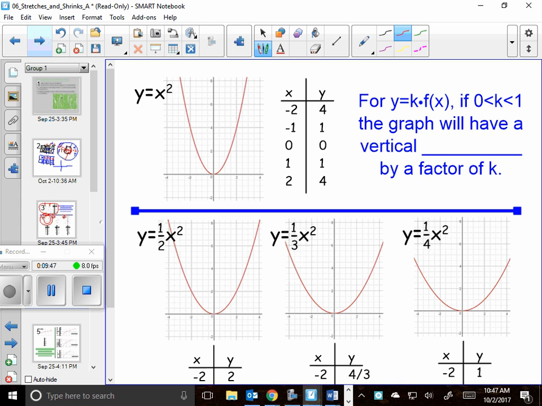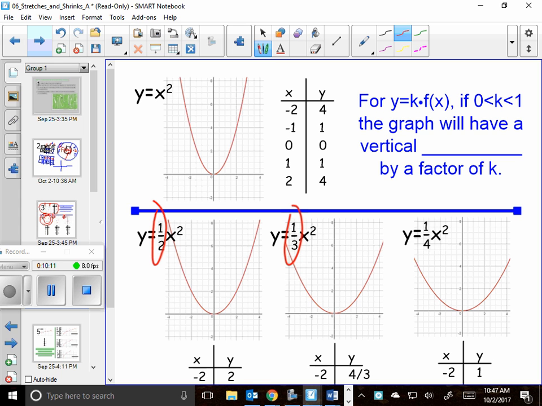All right, if we look at the next page here, that is not 3 times taller. It's 1/2 times taller, which means it didn't go taller, it actually got shorter. So instead of a vertical stretch, that's called a vertical what? Shrink.